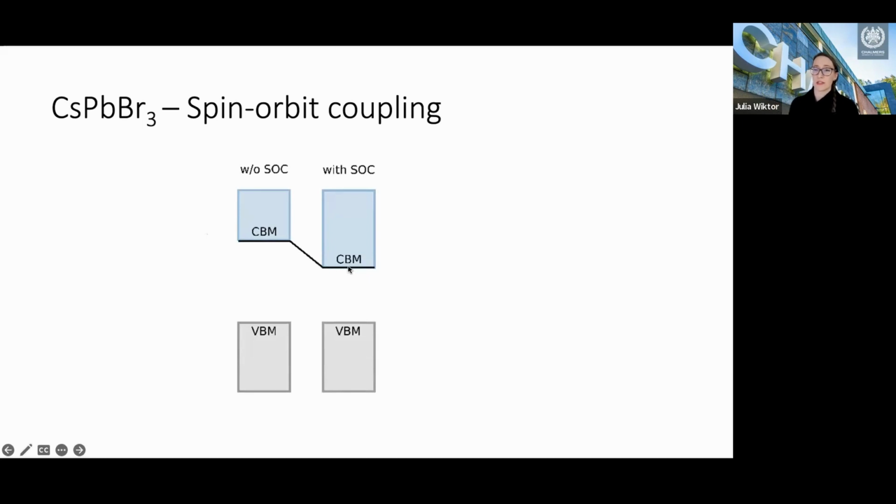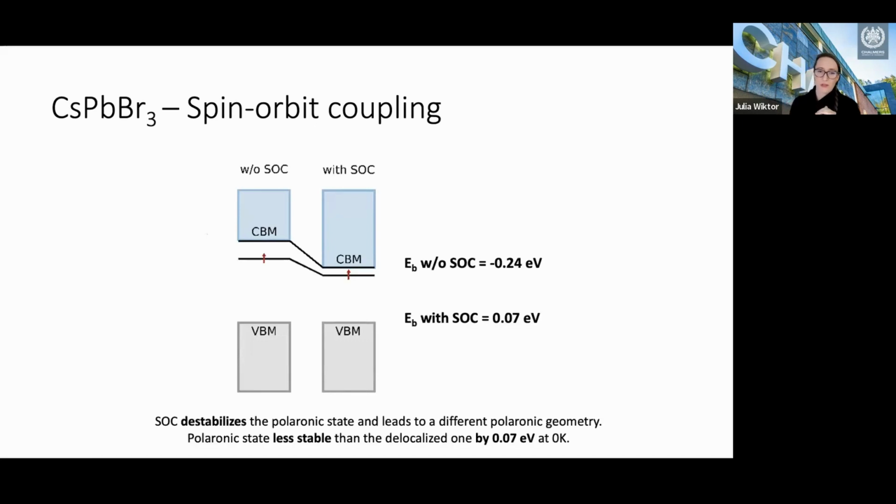So we have a new conduction band which can be much lower. And we could assume that the polaron is also on lead, so its level will also split and be stabilized. But what we found is that while this is true, the polaron is stabilized by less, due to this relativistic effect, than the delocalized electron.